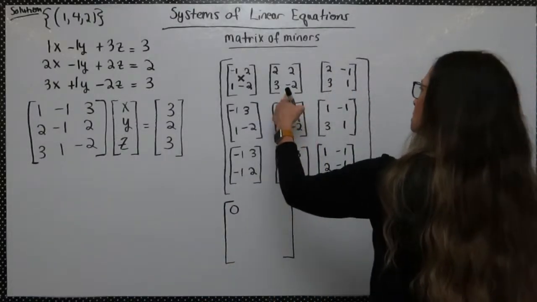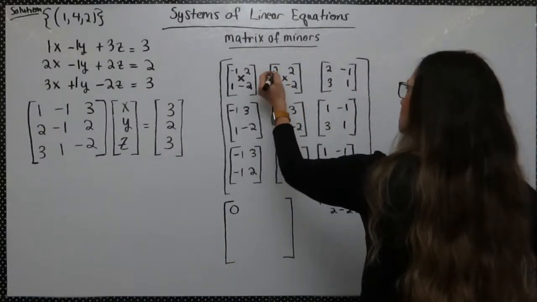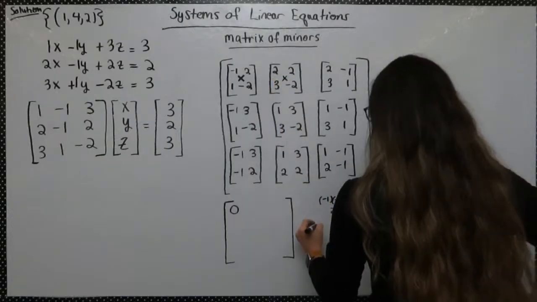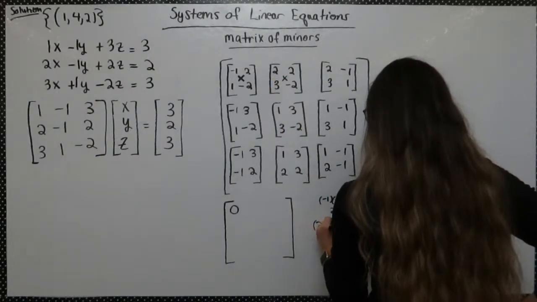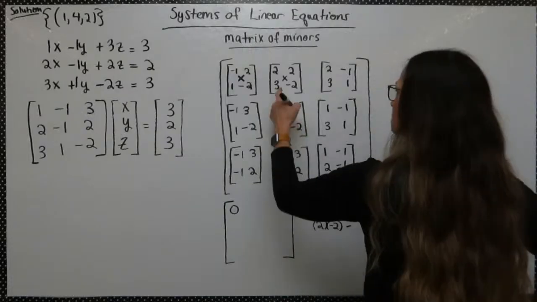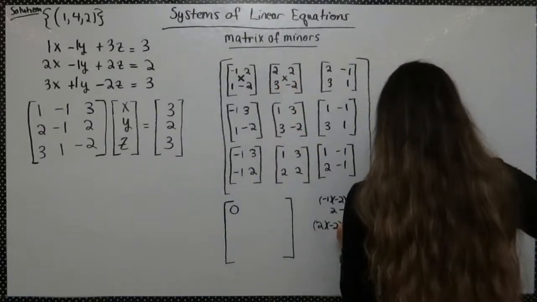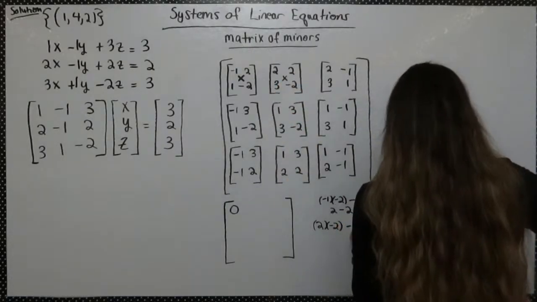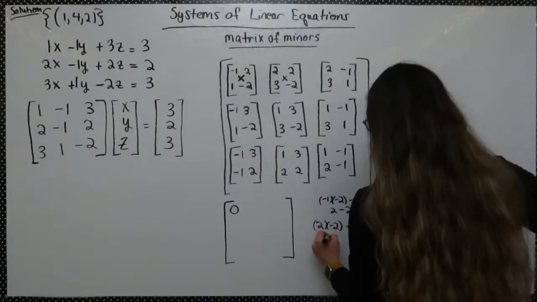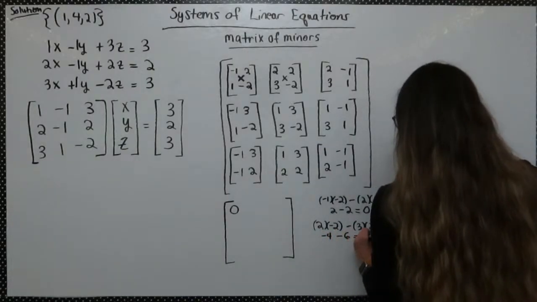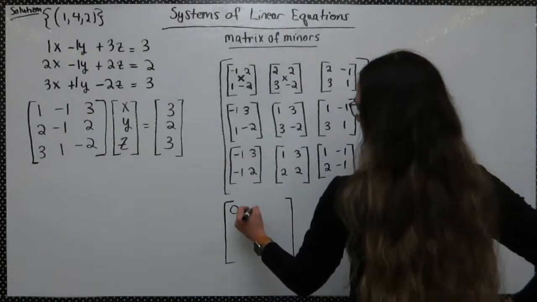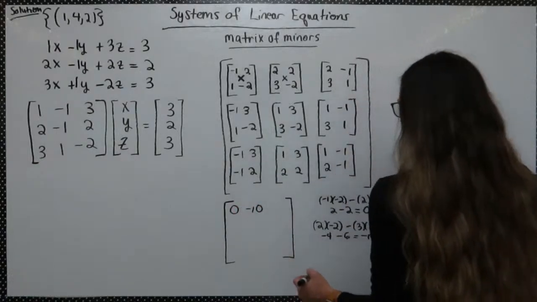And then this one, we've got 2 times -2 minus 3 times 2. So that's -4 minus 6, which is going to give me -10. So this position is -10.